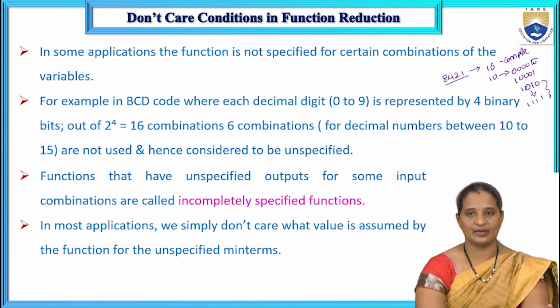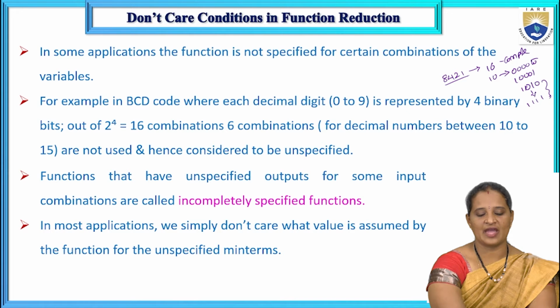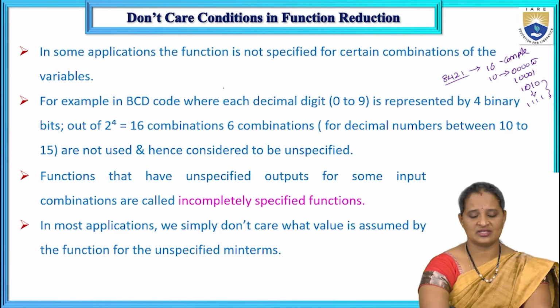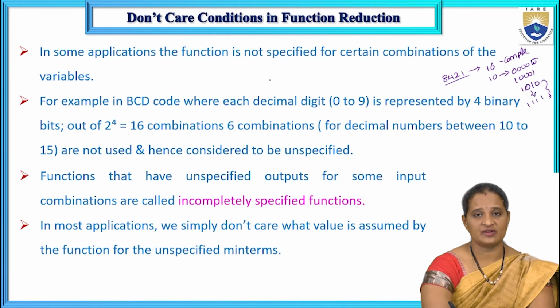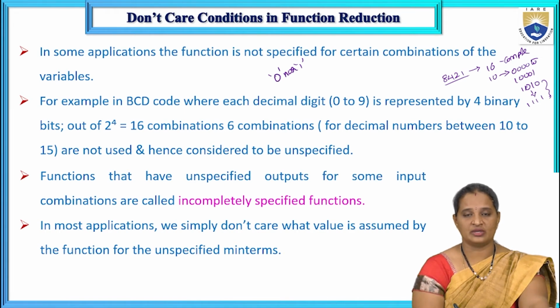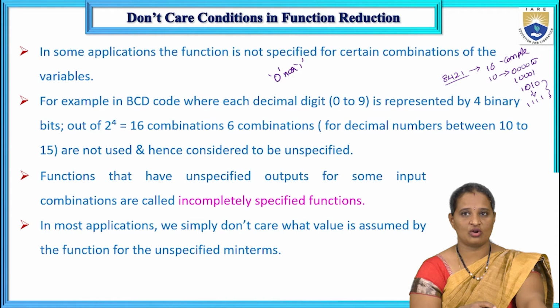So in some applications, the output of the function for some combinations is neither 0 nor 1. So we cannot specify the output. Such combinations are called don't care conditions.